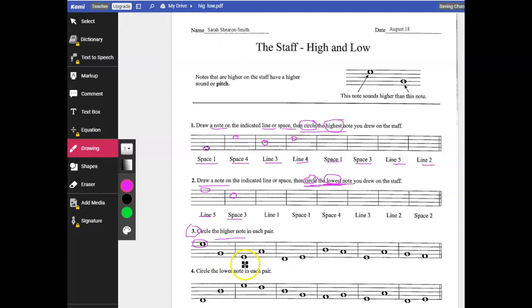If you take a look at the next one, we're not just going to circle the first one. We have to look between the 2 notes and see which one is higher. Again, you're looking at pairs, and if you see those lines, that indicates which pairs are which. Go ahead and pause and complete that line.